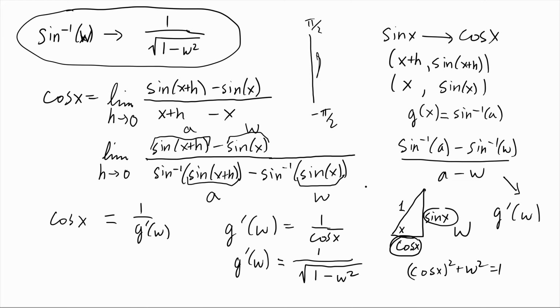But notice what we're plugging into the inverse function is the output of the sine function. Anyhow, it works. It's great. We made the computation. There it is. So if you ever see this function floating around, there's its derivative right there.